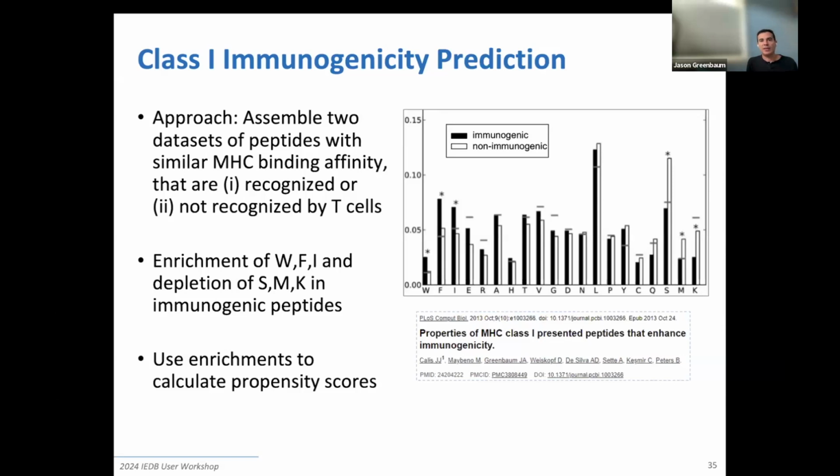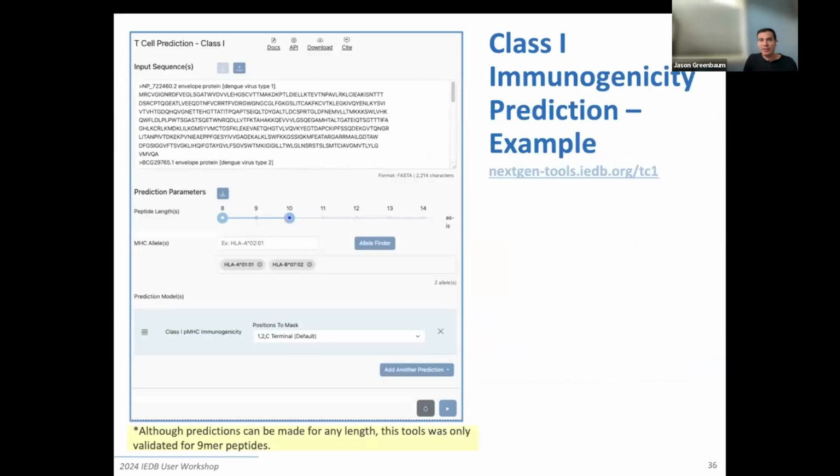Within the immunogenic data set, it was observed that there's an enrichment of residues like tryptophan, phenylalanine, and isoleucine. And within the non-immunogenic data set, there's an enrichment of serines and methionines and lysines. We can use those enrichments to analyze new data sets and calculate propensity scores. So what is the likelihood that a peptide will be immunogenic based on its amino acid composition?